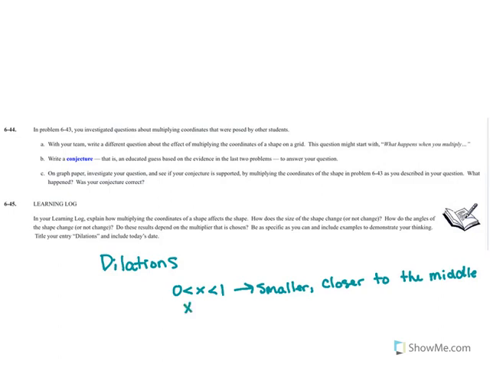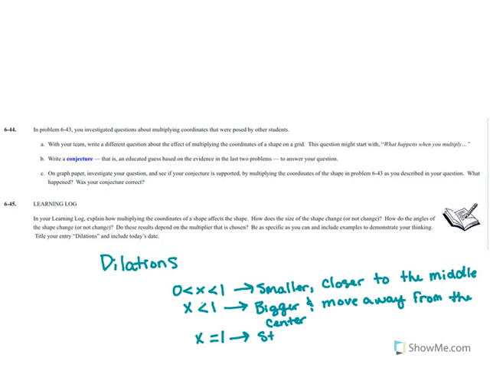If your number is greater than 1, it's going to make it bigger and move away from the center. If your number is multiplied by 1, it stays exactly the same.